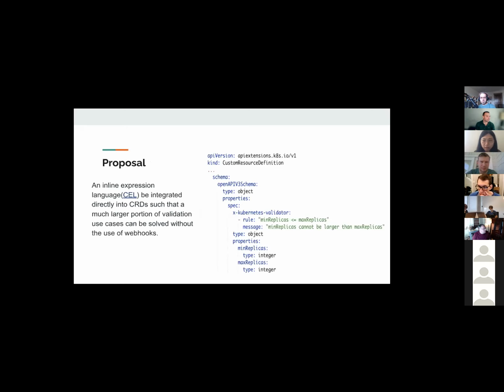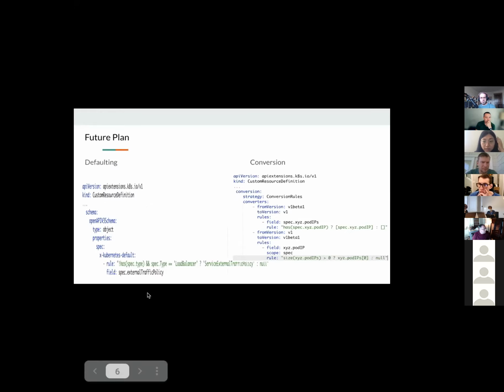There will be a field added, x-kubernetes-validators, which covers multiple rules customized by users depending on their needs, especially for cross-field validations. And our plan is to first apply it for validation, and further might expand it to defaulting and conversion as well, as long as the inline expression language is embedded.